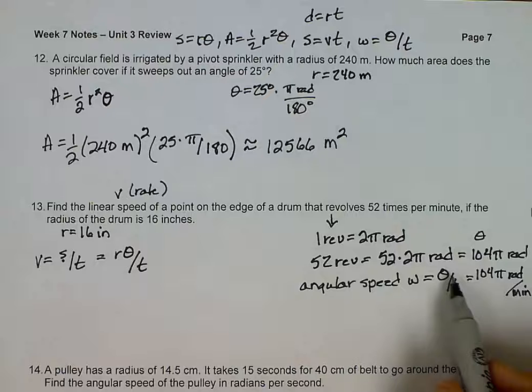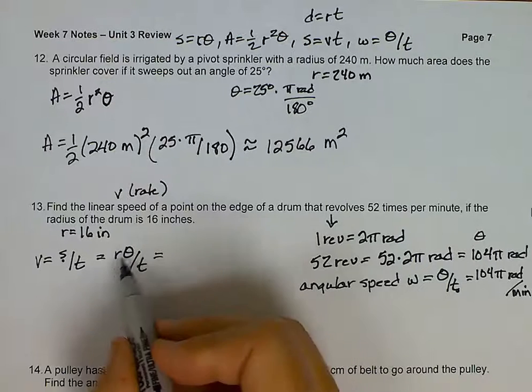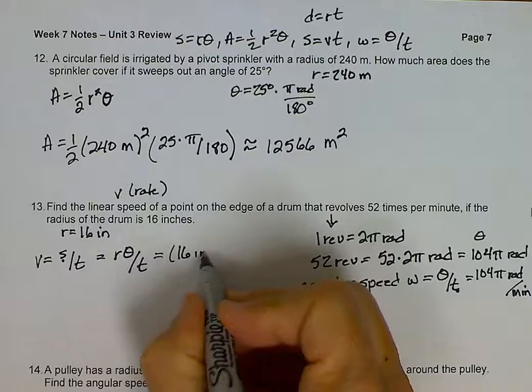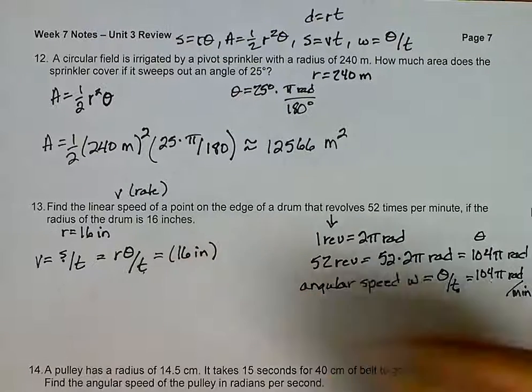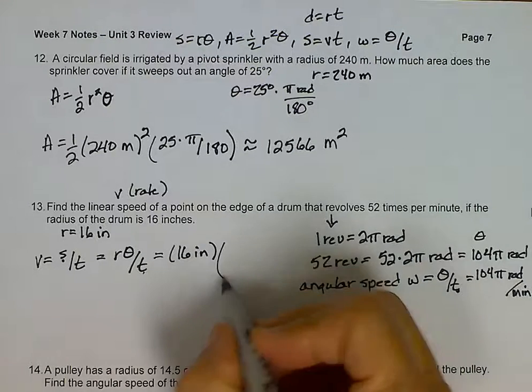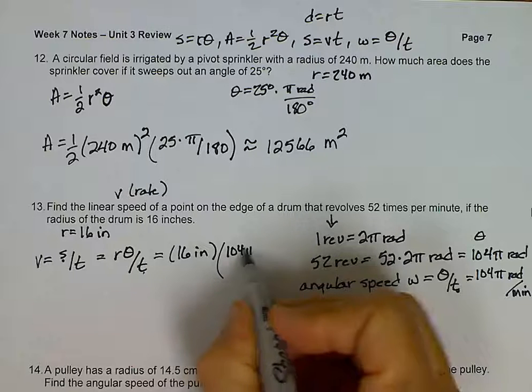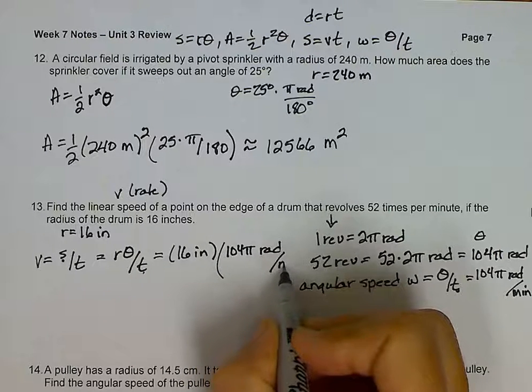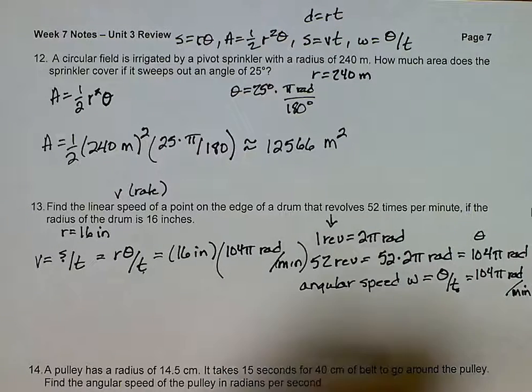I already have a theta over T because that's my angular speed. Here I could substitute in the 16 inches for the R, and then for the theta over T, I've got that here, so that's 104 pi radians per minute, or I could write this as divided by 1 minute, either way.